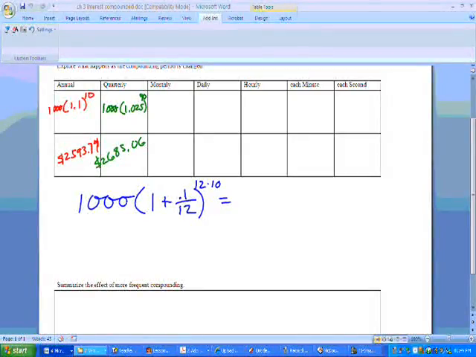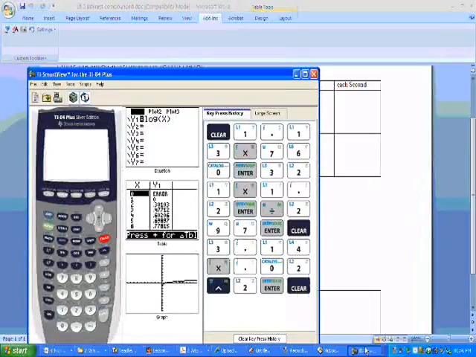Is this the monthly? So this would be monthly.